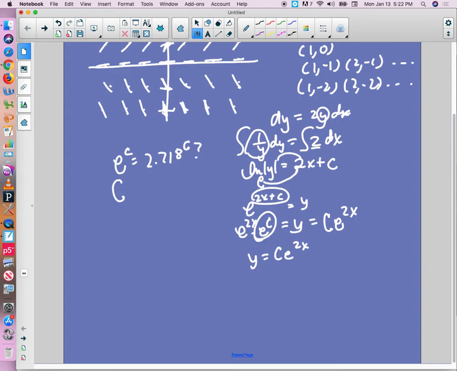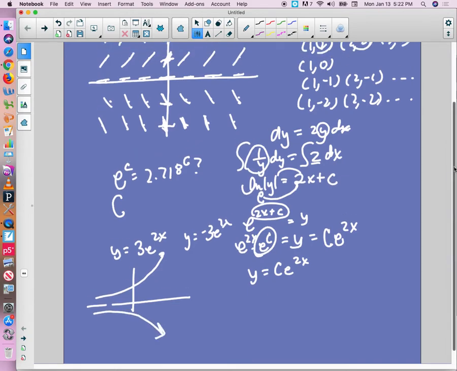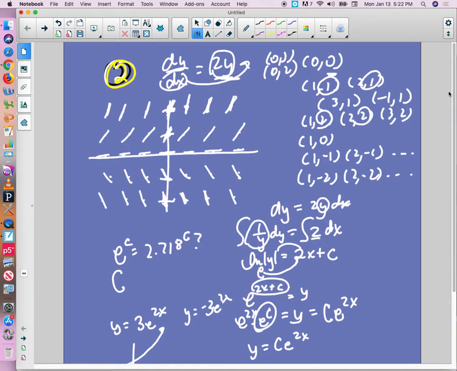And if you graph some of those, like if I graph y equals like 3e to the 2x, your graph looks somewhat like this, 3e to the 2x. And if you have like negative 3e to the 2x, it flips it over this way, which makes sense with these graphs that we're seeing on our display here.